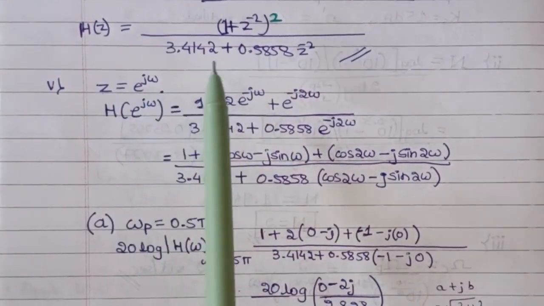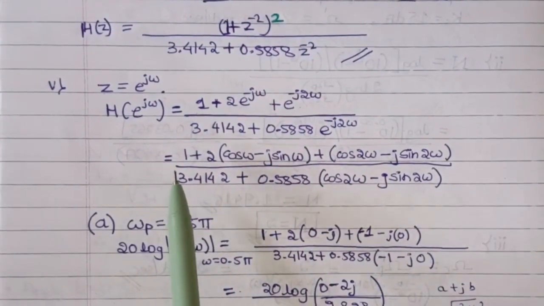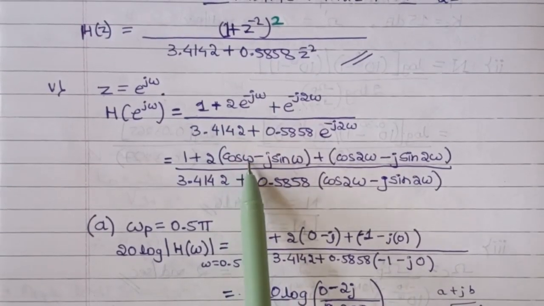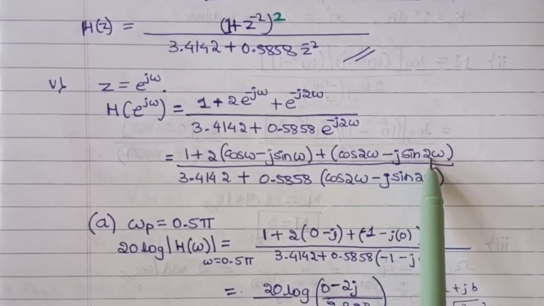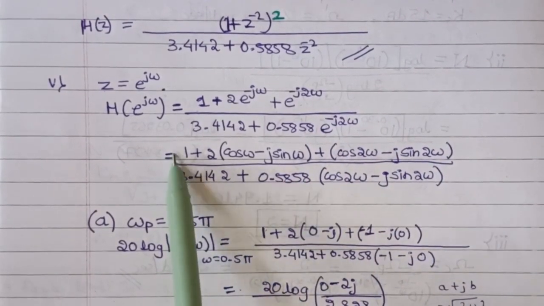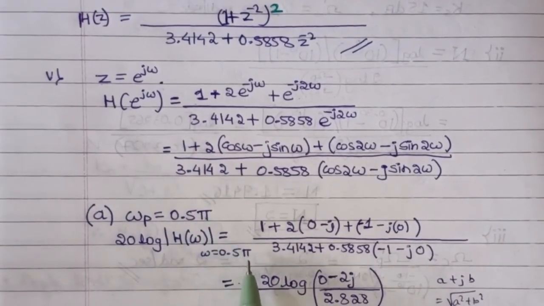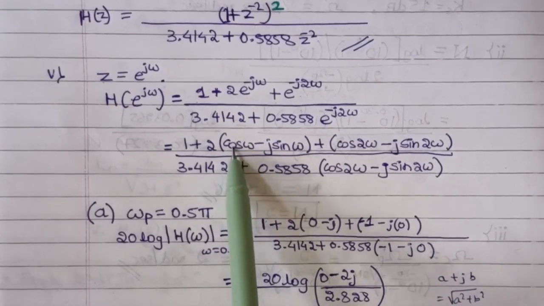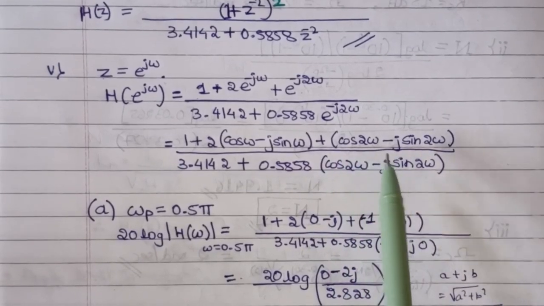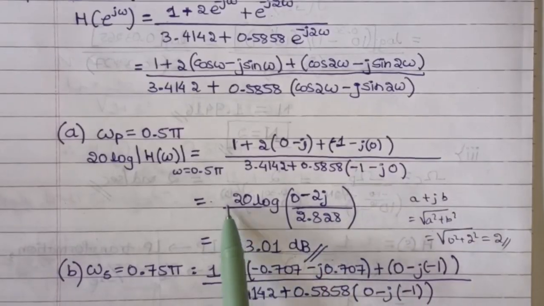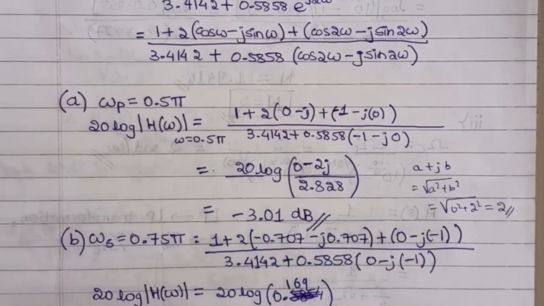Substituting z is equal to e power j omega in place of z and applying the (a plus b) whole square formula, we get this as below. Substituting e power minus j omega as cos omega minus j sin omega and e power minus j 2 omega as cos 2 omega minus j sin 2 omega, and solving it and evaluating H(e power j omega) at omega is equal to 0.5 pi radian, we get 1 plus 2 into cos pi is 0, minus j sin pi, minus j, and similarly substituting all the values we get the transfer function, and the 20 log of this transfer function is minus 3.01 dB.